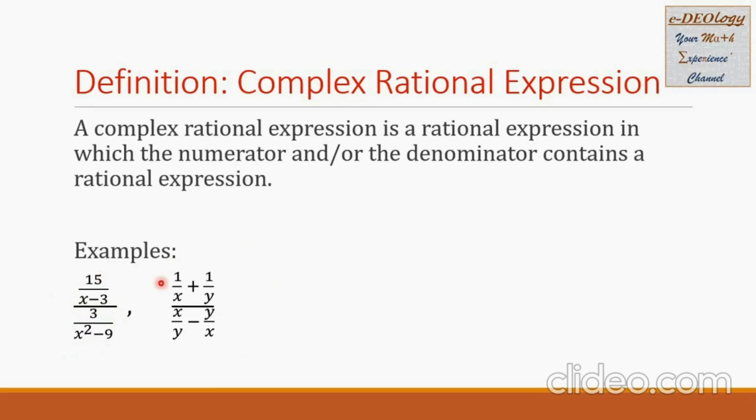The next example is a numerator which is a sum of two fractions, that is 1 over x plus 1 over y, all over the denominator, which is the difference of two rational expressions, that is x over y minus y over x.